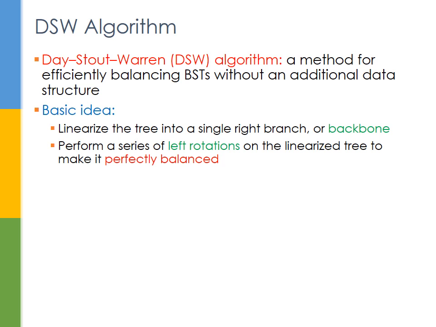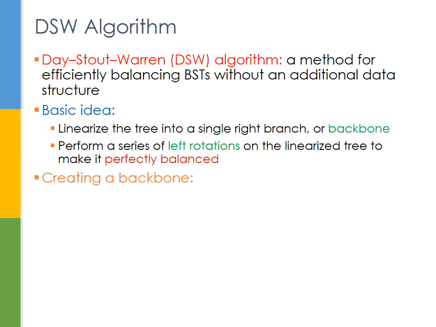Then, once we have performed this linearization process in order to construct a backbone, then we perform a series of left rotations on this linearized tree, and this will then eventually construct a perfectly balanced tree.